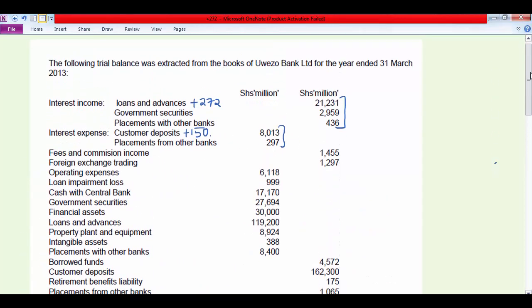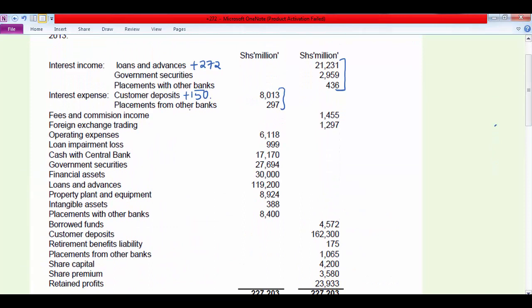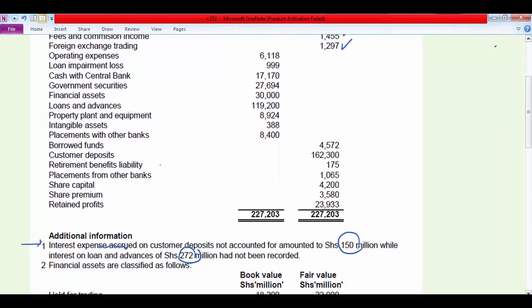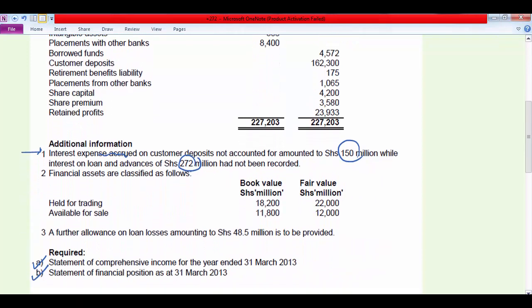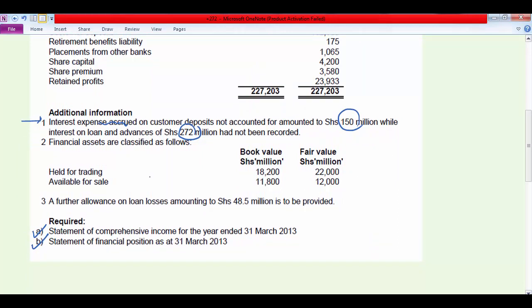After that, I can now come and have my other income. What are the figures that we have for other income? So we quickly check. So you can see there's fees and commissions income. There is forex income. What else do we have on the credit side? That is an income. Nothing else on the trial balance. Let's look at the notes. We can note from number 2 that you're given that the financial assets are classified as follows. So we have the book values here, which give me a total of 30,000, and we have the fair values here, which is 34,000.